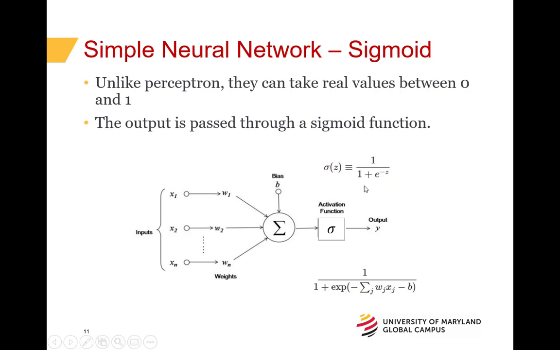In the case of a sigmoid function, this is 1 over 1 plus e to the power of the variable. So here we have inputs similar to what we discussed earlier: x1, x2, and xn. We apply weights to these inputs, and we aggregate them. We apply biases. We pass through an activation function. Now the activation function is not a perceptron; it is a sigmoid function in this case, okay?